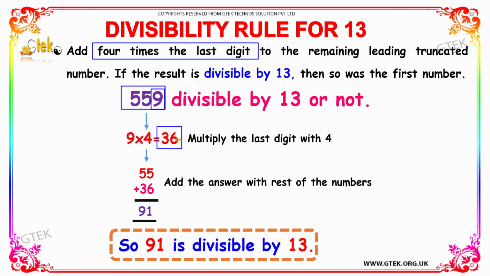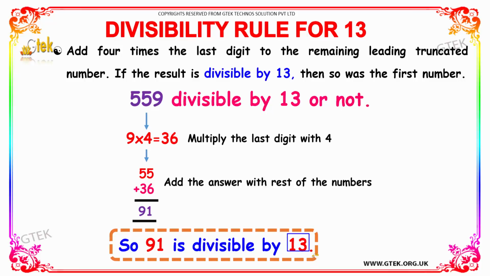You have to add 36 to the remaining truncated number, that is 55 plus 36, which gives you 91. 91 is divisible by 13. Hence, your number 559 is also divisible by 13. So this is how the divisibility rule for 13 works out.